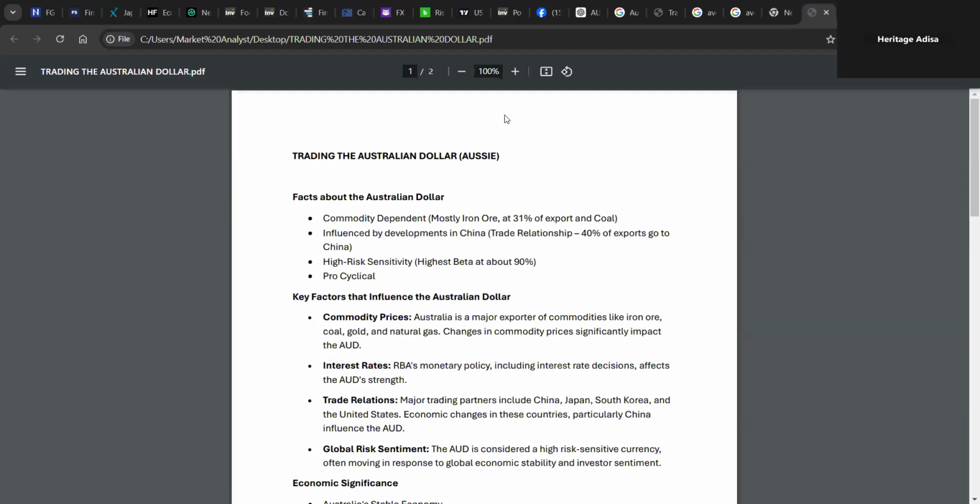I already mentioned that it is a part of the major currencies, and today we're going to look at three main parts of this: the facts about the Australian dollar, which help form a part of our trading; the key factors that influence the price; and a few points on the economic significance of the country and the currency that play into our trade. Remember, the major idea here is we want to make a profit. In trading, we want to make a profit.